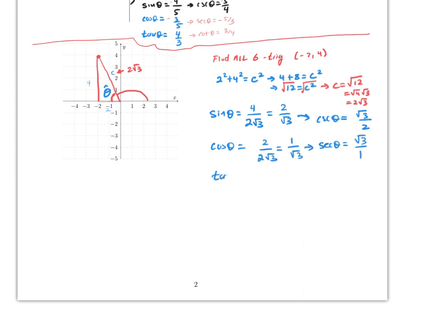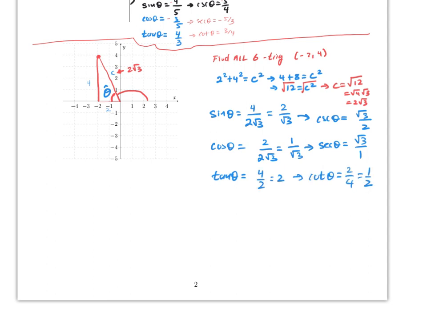And then finally you have tangent theta. Remember, tangent is the opposite over the adjacent. So in this case, it will be 4 over 2, which is just 2. And therefore, cotangent of theta should be 2 over 4, or 1/2.